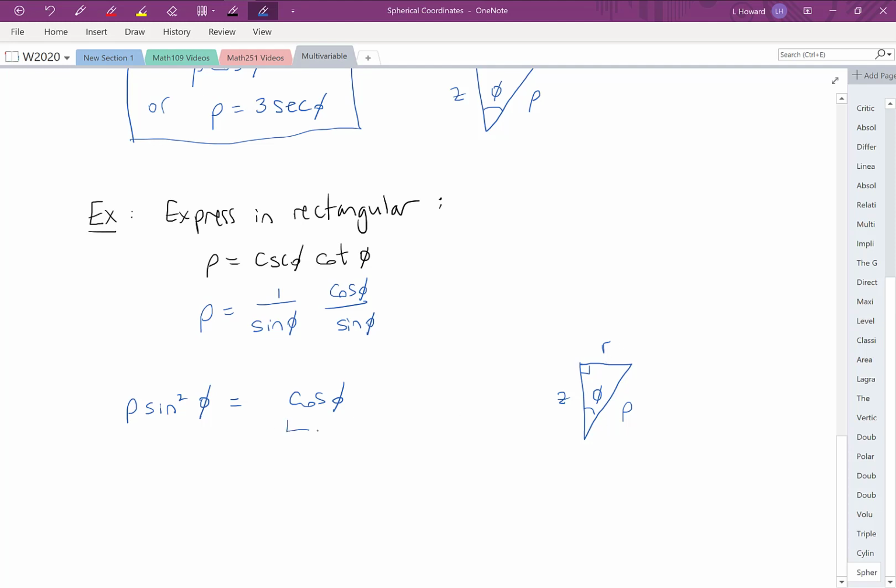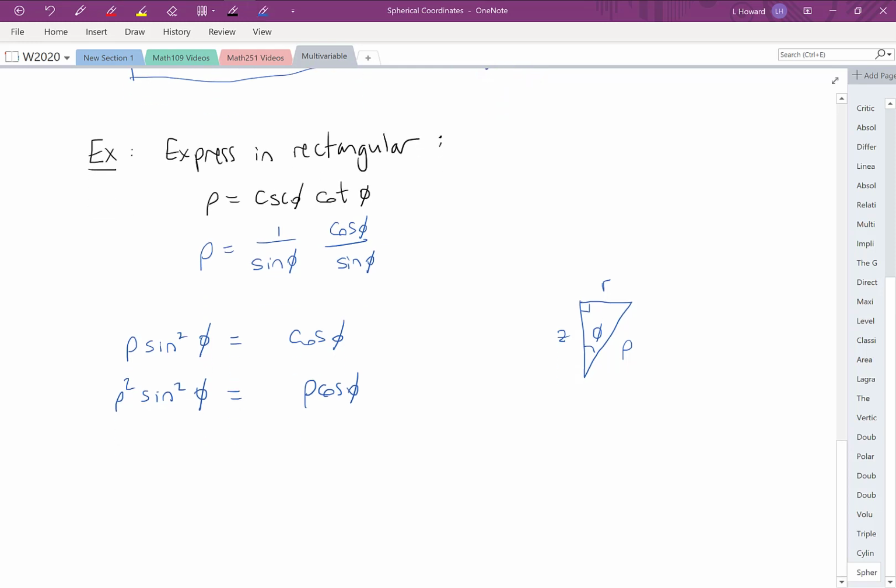So something like cos phi doesn't directly translate into cylindrical, but if we had a rho cos phi here, that would work. So what we could do is multiply both sides by rho. We could say rho squared sine squared phi equals rho cos phi, and then we're going to be in good shape, because on the left side we've got the square of rho sine phi. Rho sine phi is r. So in other words, we've got r squared, and rho cos phi is equal to z.